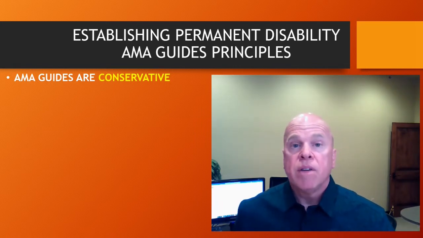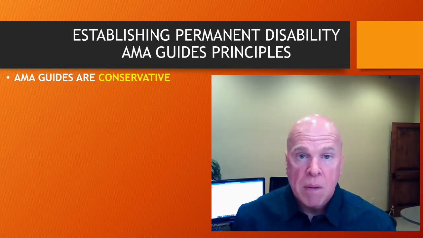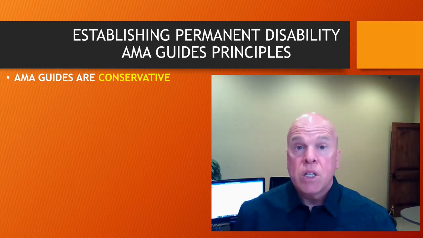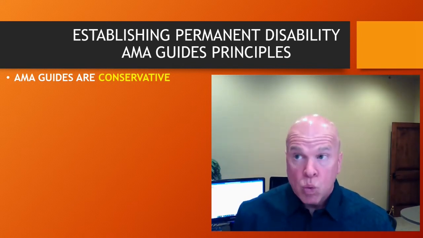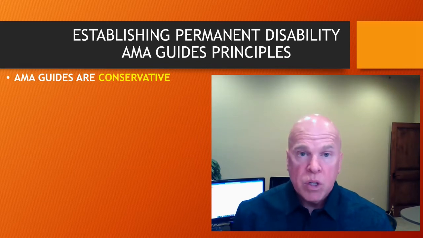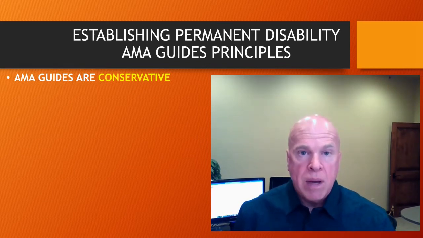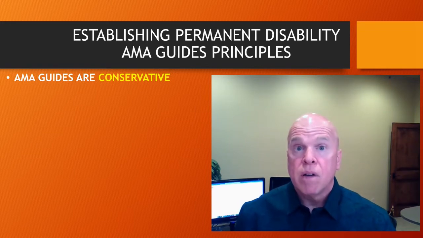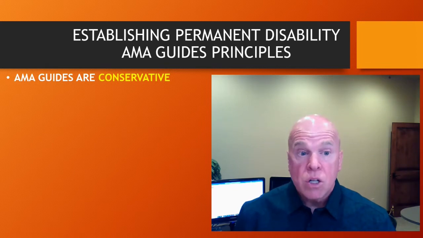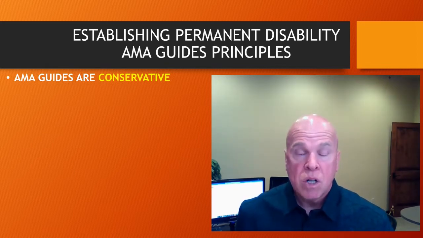And of all the activities of daily living that are described in Table 1.2, few examinees have actual limitations with those activities, and for that reason the AMA guides provide for very conservative impairment rating percentages. So the guides give us a couple of examples of what they consider accurate impairment ratings.